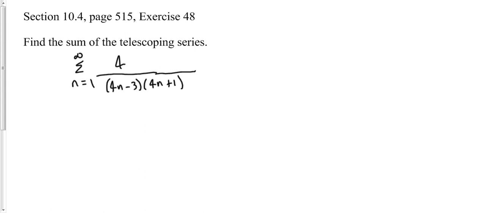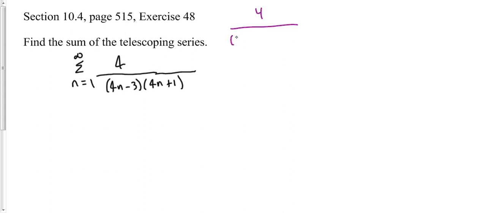Now, example 7 says that we want to start by writing the nth term in terms of two separate fractions so that we can really see the telescoping nature of this series. So we're going to do our partial fraction decomposition.